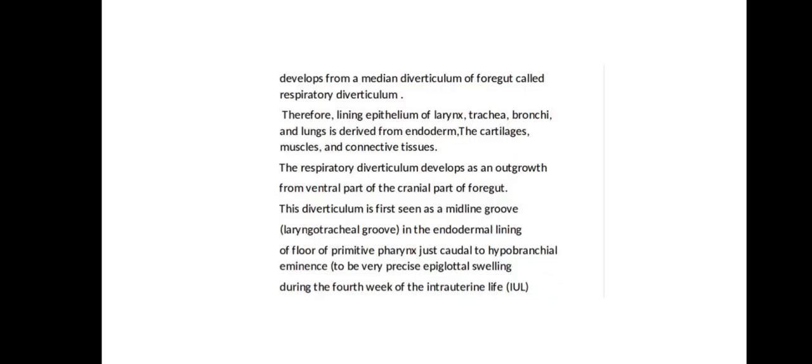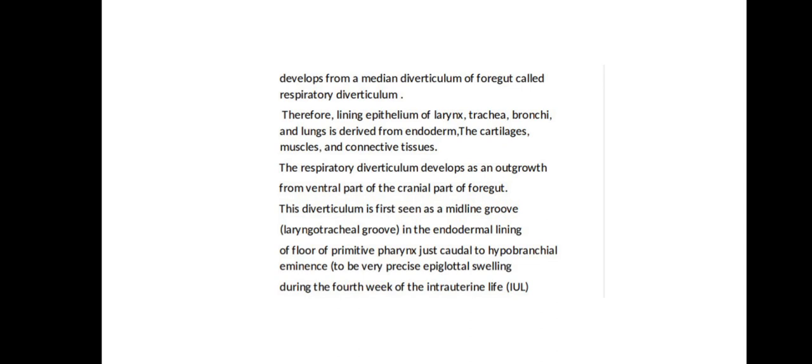Now, the next thing is the embryonic tissue of origin of the respiratory diverticulum. Respiratory system developed from 3 embryonic tissues. The first one is the endoderm. The second one is the splanchnic mesoderm.